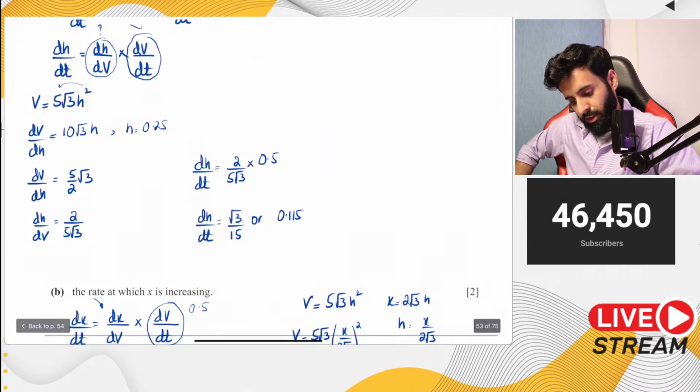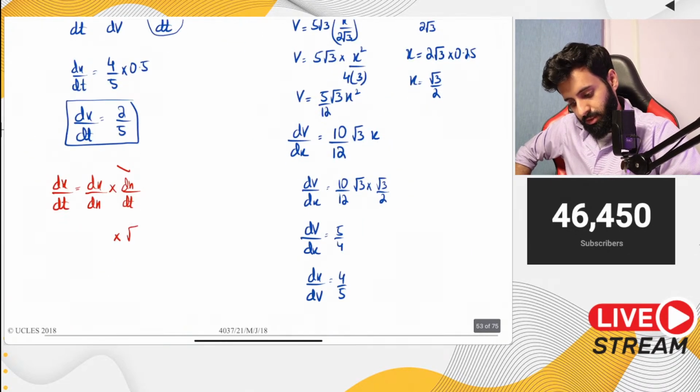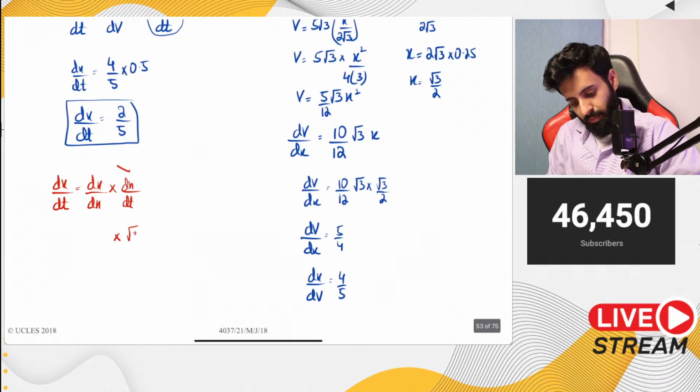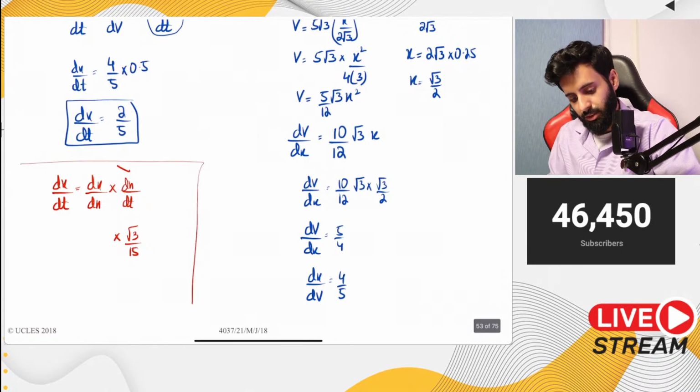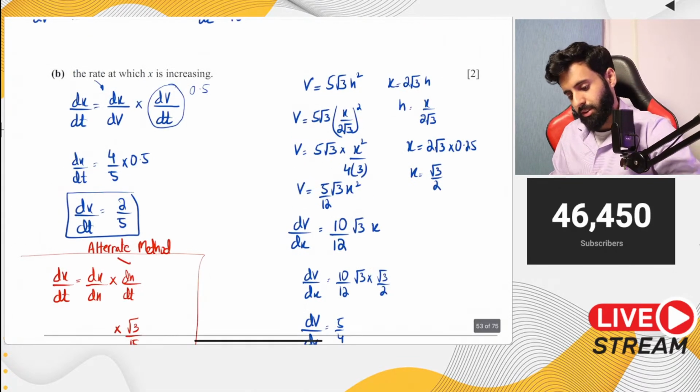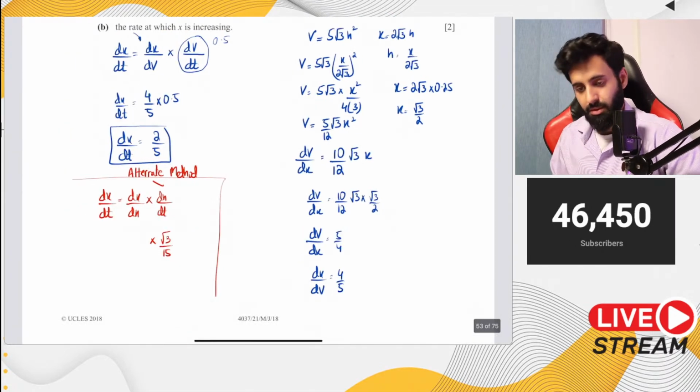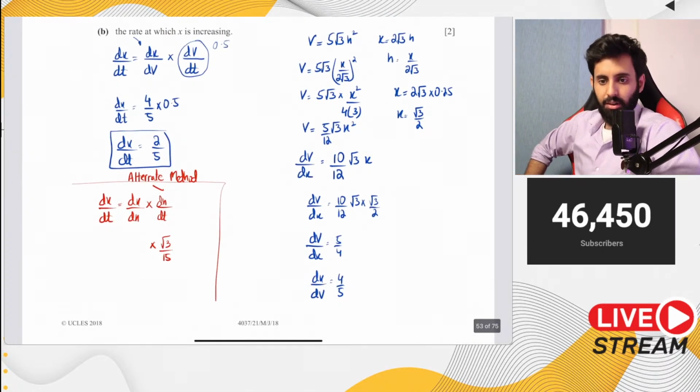In fact, it's root 3 upon 15. And then you can find out dh upon dx by simply differentiating it. That will also give the answer. So this is an alternate method. Had I noticed that this is a 2-mark question, I would have used this. But honestly speaking, it didn't occur to me then.